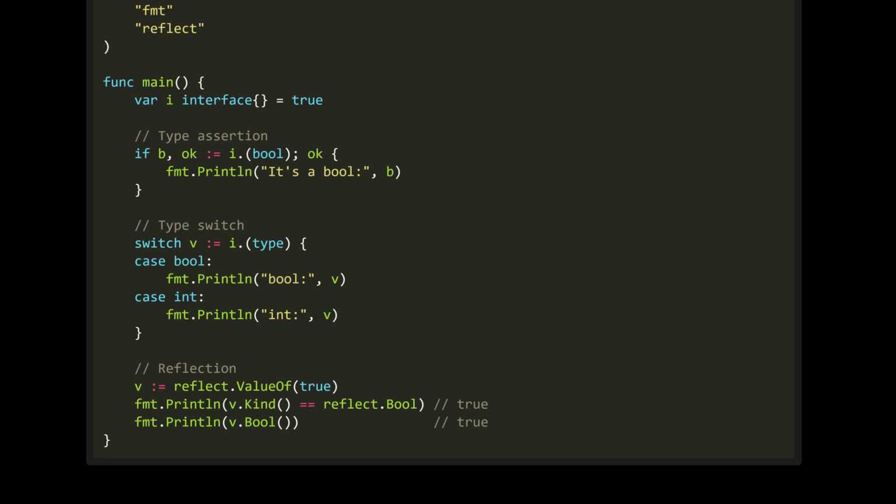A type switch is another option when the interface may hold different types, including bool. When using reflection, you can check that a value is of kind Bool and then read its value using the Bool method. These steps are needed because interfaces and reflection hide the concrete type, so Go requires explicit checks before using the Boolean value.